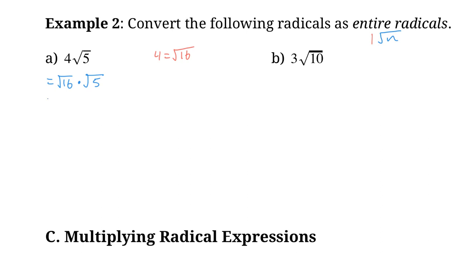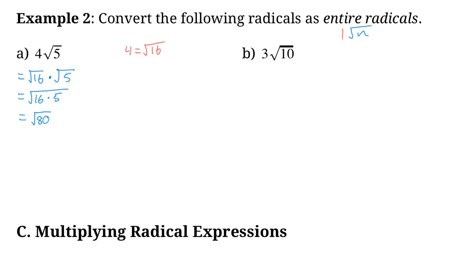And using the multiplication rule, this is really just the square root of 16 times 5. And if we actually just do that multiplication, 16 times 5 is 80, so this is really equivalent to the square root of 80.